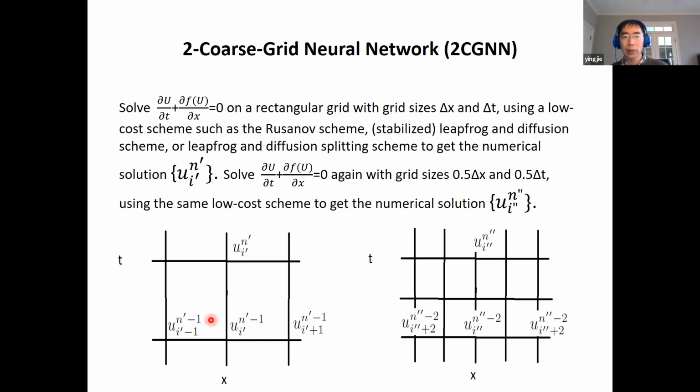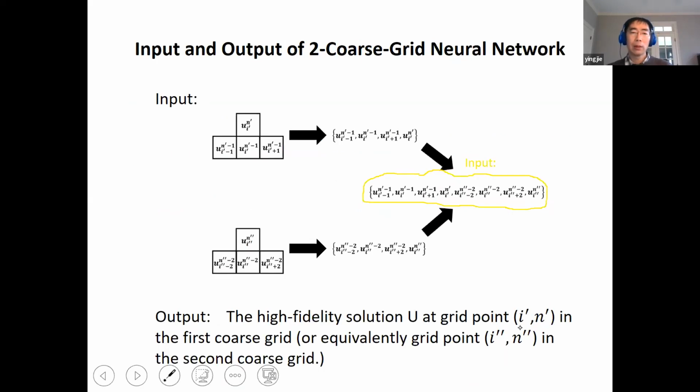So now we have six numerical solution values to be used for the input. One is from the mesh size delta x, delta t. One is from half delta x and half delta t. So this is the one from the original mesh, and this is the one from a refined mesh.